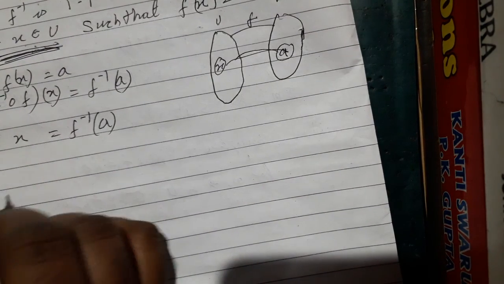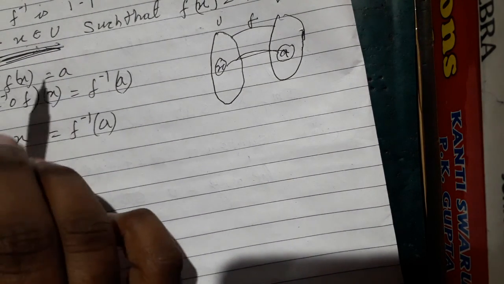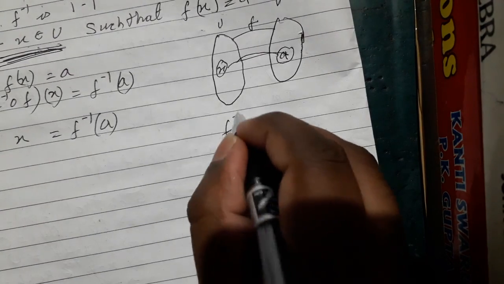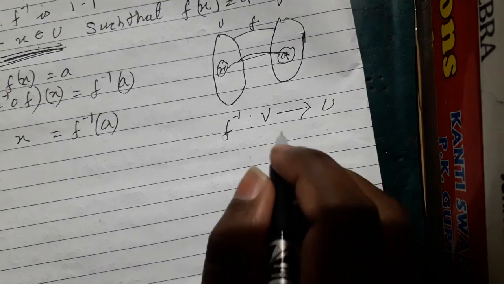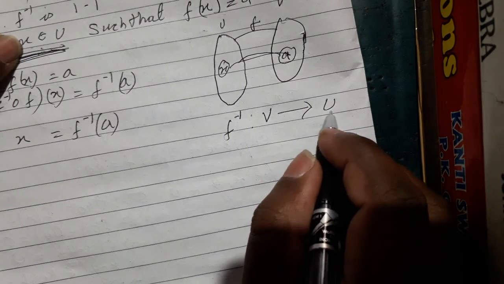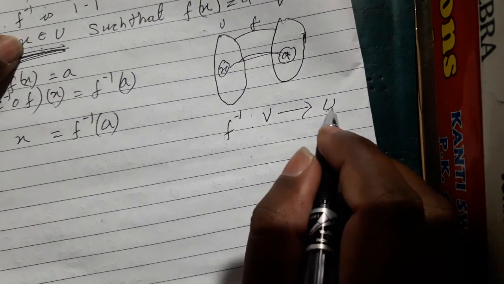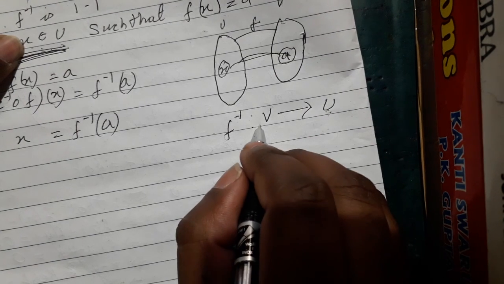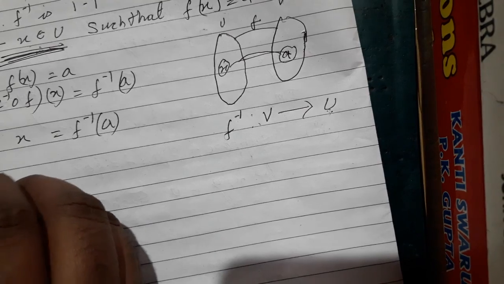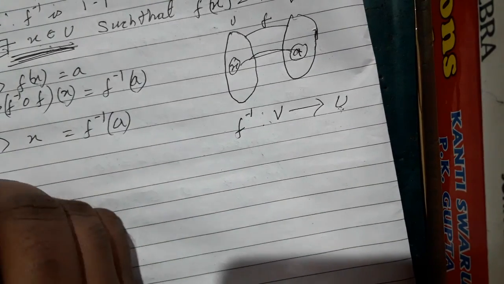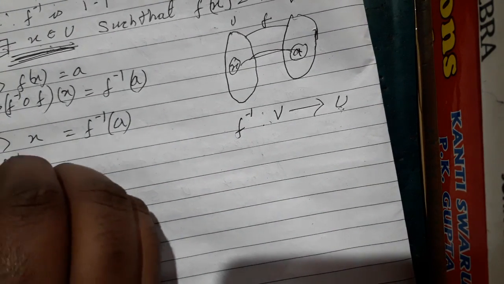So I took one element in U. Let us check what is f inverse. f inverse is a function from V to U. I took one element in U and I find that the image is in V. So therefore f inverse is onto.